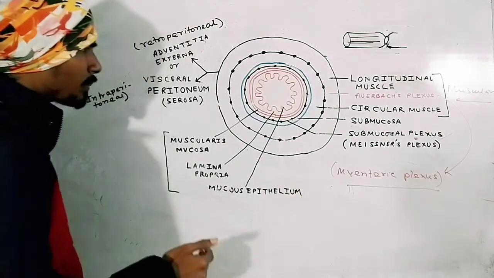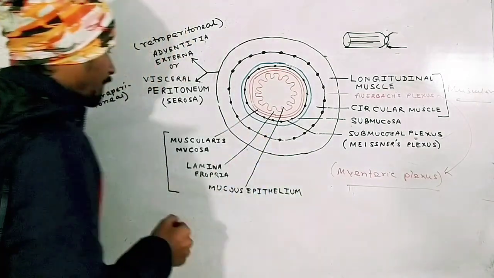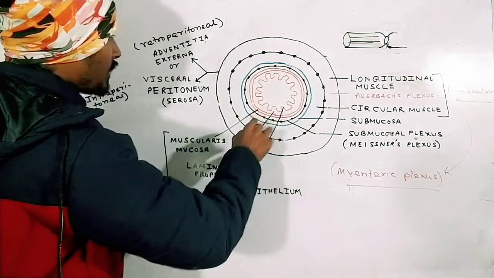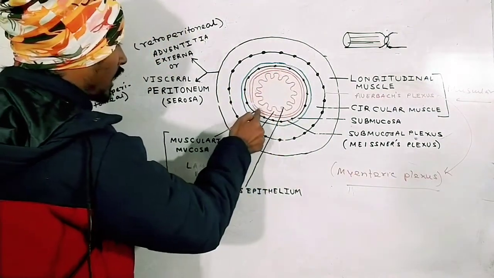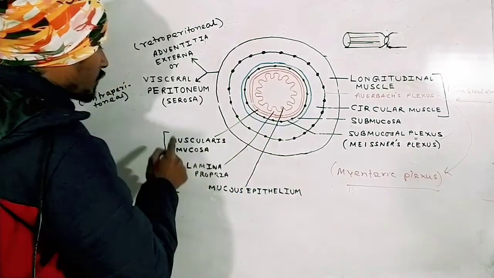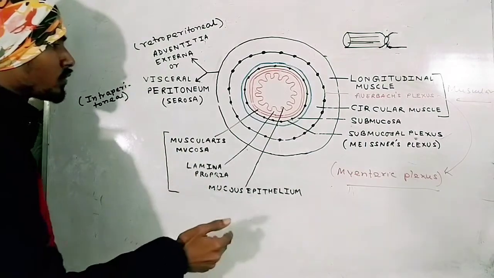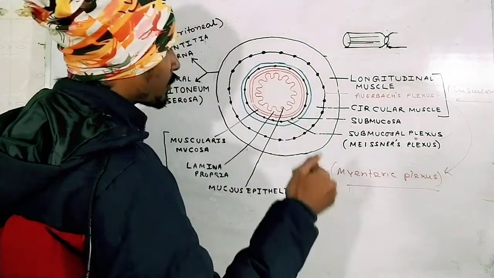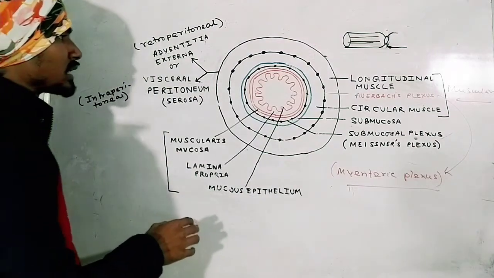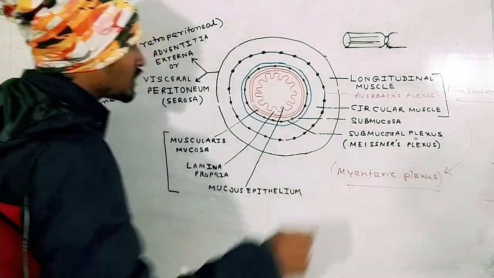Now let us discuss the inner layers. After the submucosa, we have the mucosa. Okay. So these layers are forming the mucosa. The outermost layer is called the muscularis mucosae, which is also divided into two parts: the longitudinal muscle layer and the circular muscle layer. Obviously the longitudinal muscle layer is the outer layer.